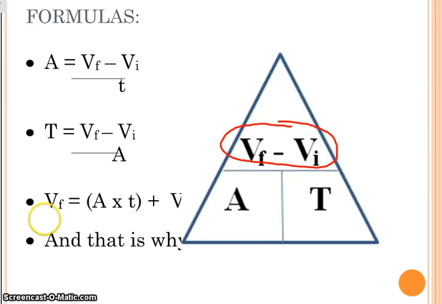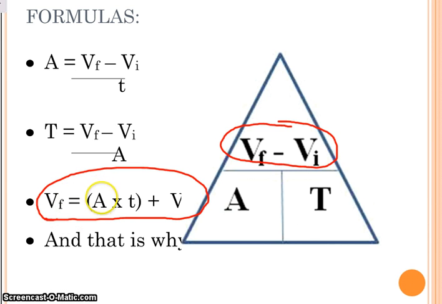One key thing, and I'll show you how to derive this tomorrow, is that if you're solving for final velocity, it equals acceleration multiplied by the time plus the initial velocity. Solving for time, once again, you can look at it up here. If we cover up this T, we have VF minus VI over acceleration. Just using the triangle, it looks a little different now because we have two variables up top, but really the rules still stay the same.